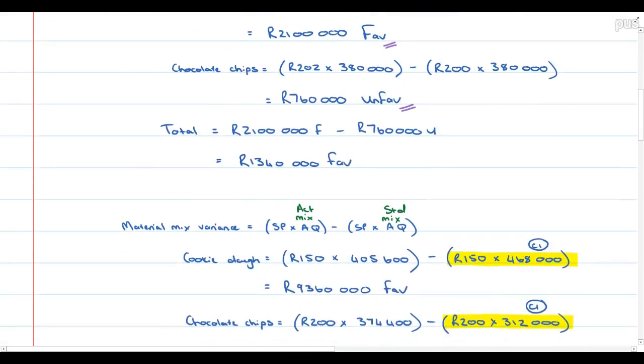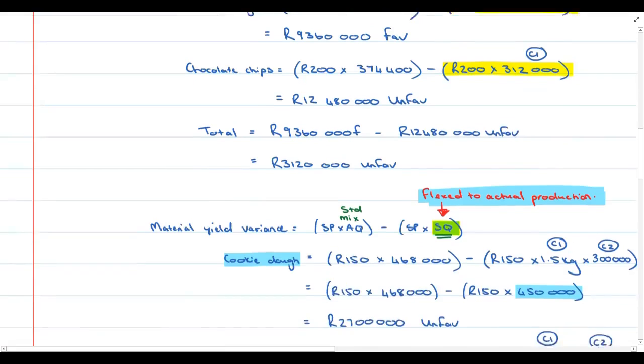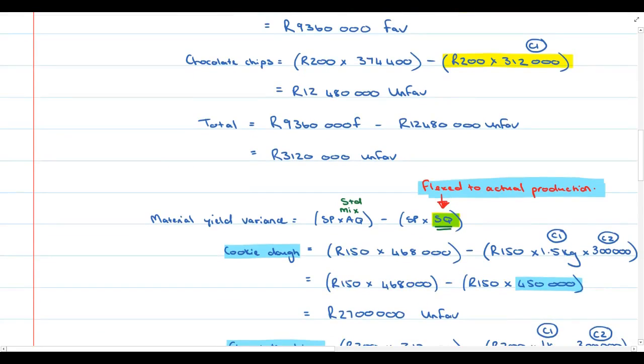Then after that, we calculated the material mix variance and the material yield variance. Now, I'm not going to discuss these separately because you'll remember the sum of the material mix and yield variance gives us the material usage variance. And we proved in part B of the required, if you go back to the explanation where I explain how losses in the production process work, we explained that the material usage variance is because of an abnormal loss in the production process, not as a result of a normal loss in the production process.